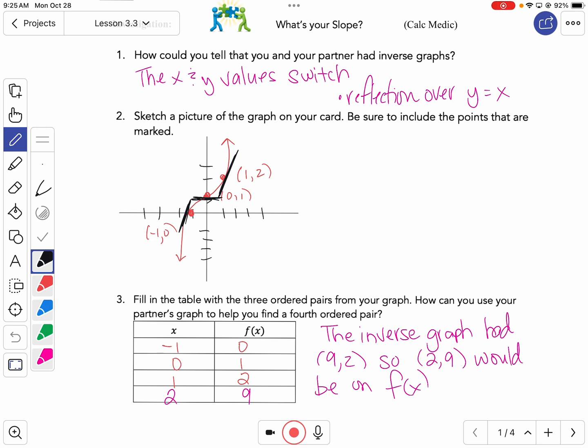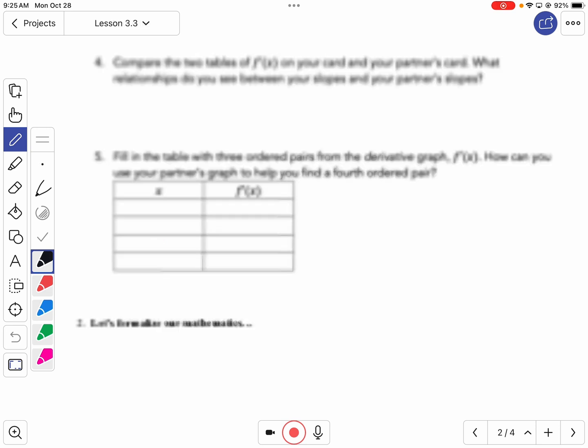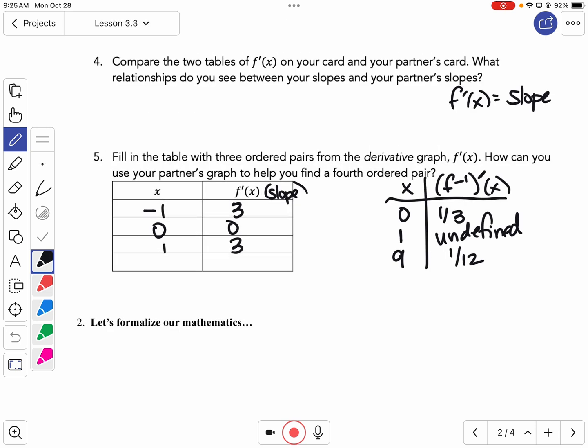There are your x values for f of x along with your y values: -1, 0, 0, 1, 1, 2, 2, 9. Are there some tables that are easier to see it in? Possibly, in terms of your derivatives.